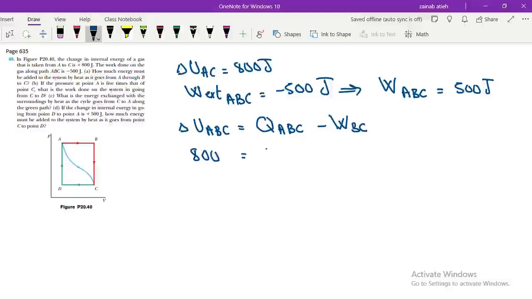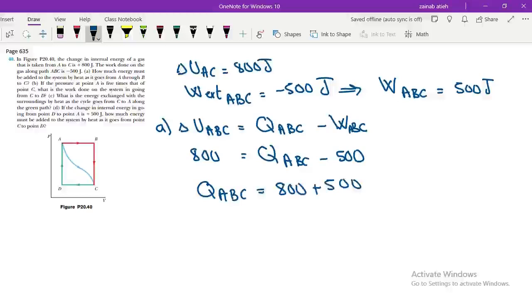The Q, I'm searching for it, so this is part A. The work along ABC is 500. This gives me Q ABC equals 800 plus 500, which is equal to 1300 joule.